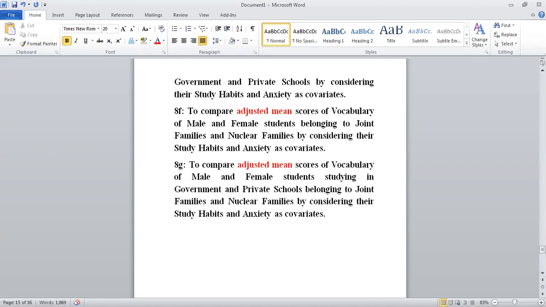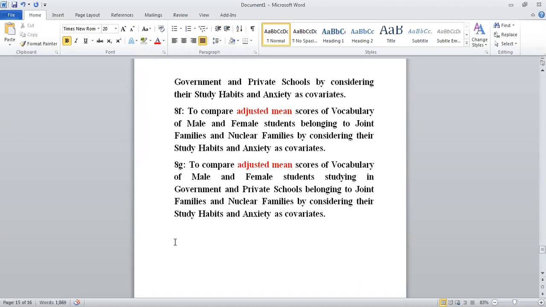So to compare adjusted mean scores of vocabulary of male and female students studying in government and private schools belonging to joint families and nuclear families by considering their study habits and anxiety as covariates.